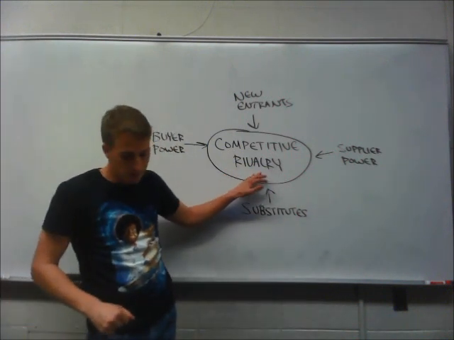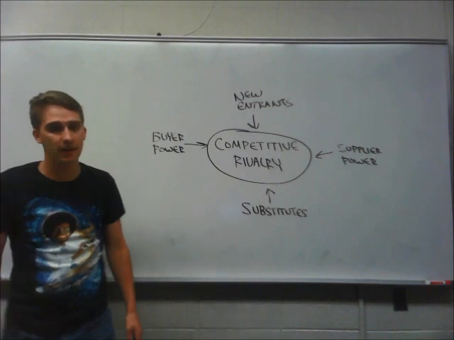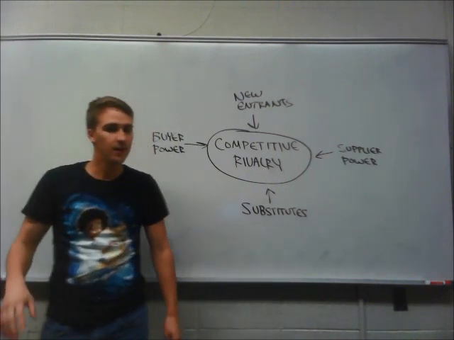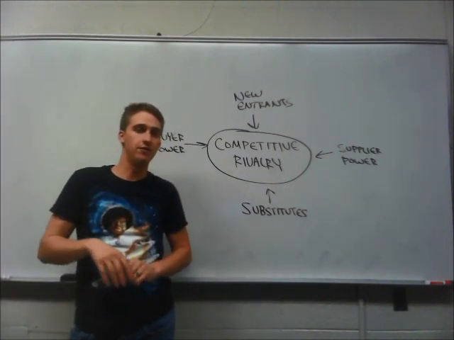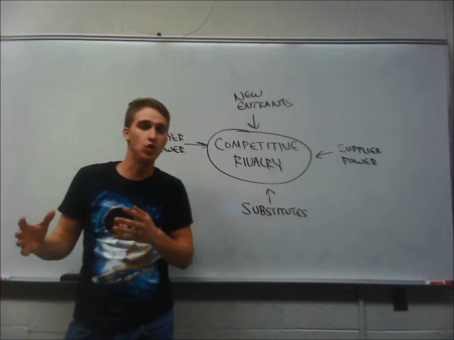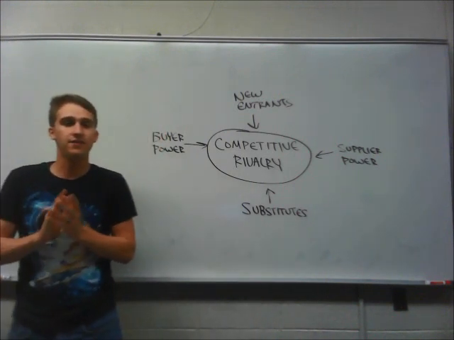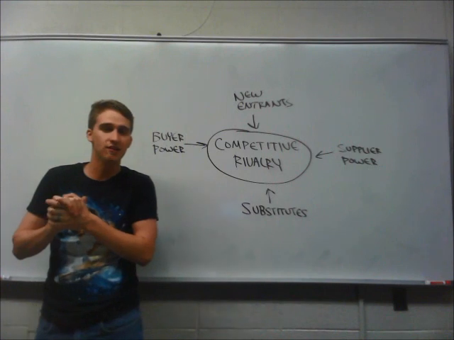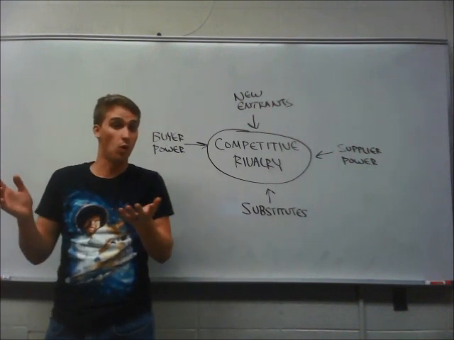And then the last one for competitive rivalry, high exit barriers. Exit barriers refer to what happens if you're in an industry and you want to leave that industry. If it's expensive to leave, then you won't.